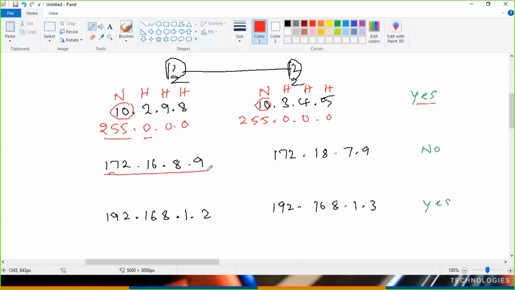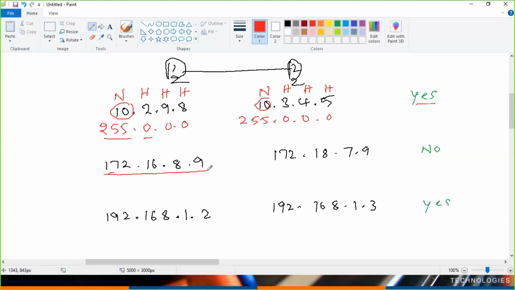In Windows machines, by default it will take one. But every IP address must be assigned with a subnet mask.